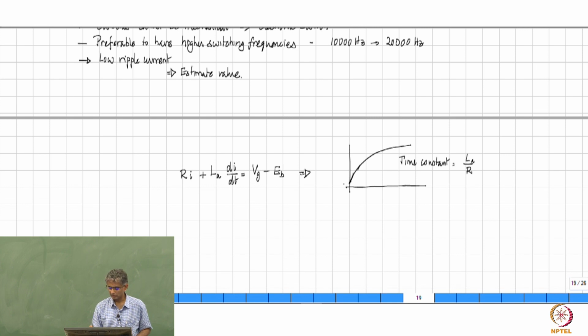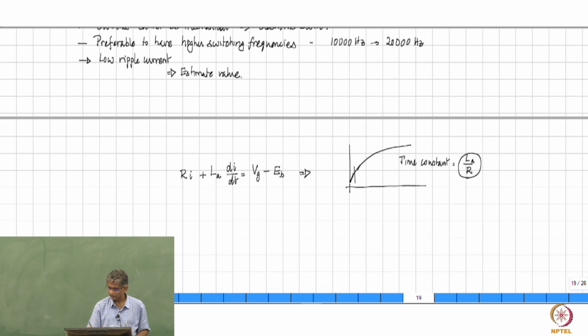So this is what is going to happen, and therefore this rate of rise may be actually a little slower than what we want. But in any case, if this number is going to be large, we are not going to wait until that time to switch it off. You want high switching frequencies, so it's very likely that you will be switching off somewhere here itself. Right, so you're not going to wait till it reaches the steady value of some level.